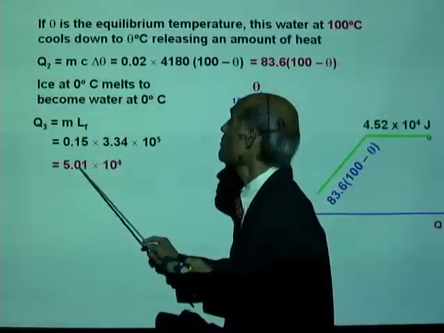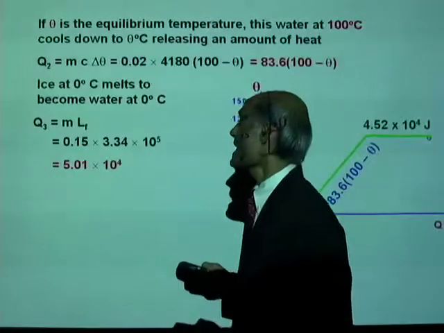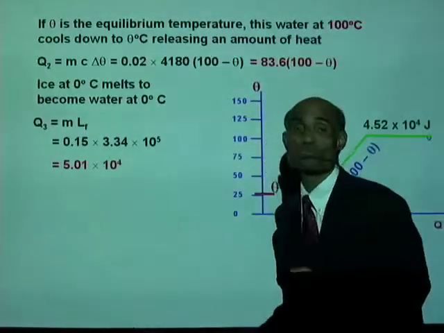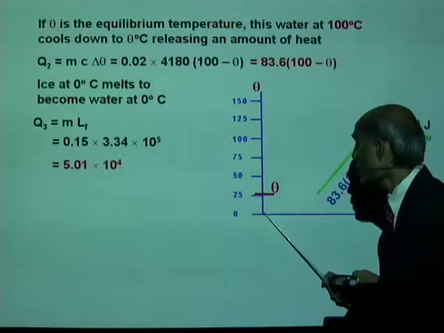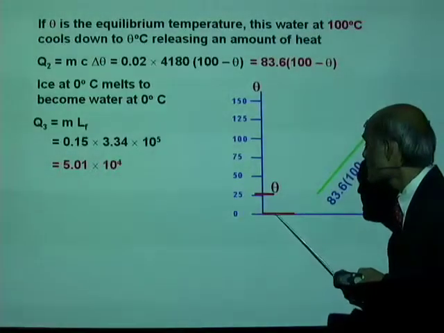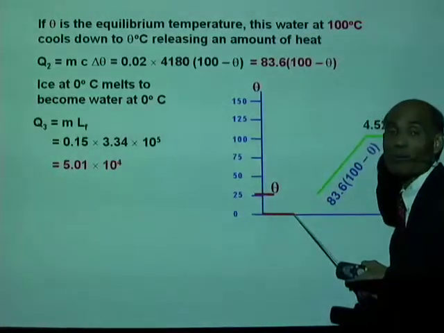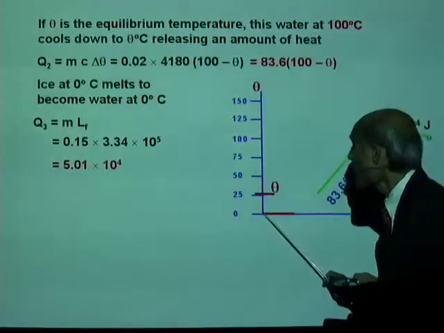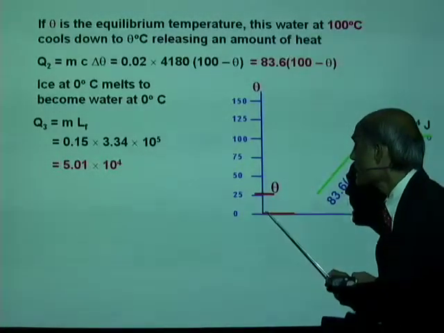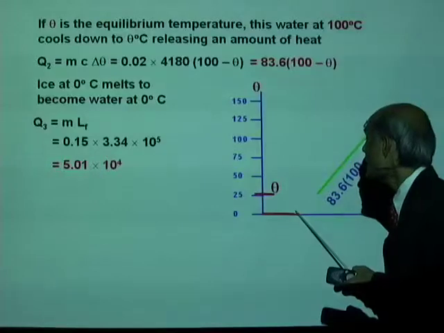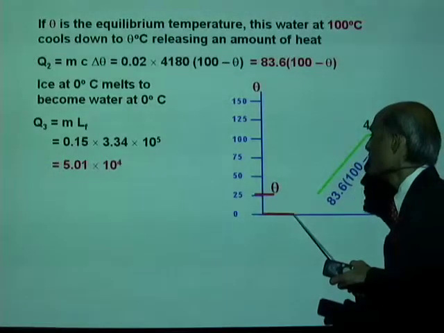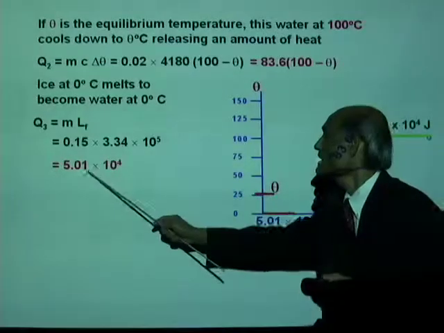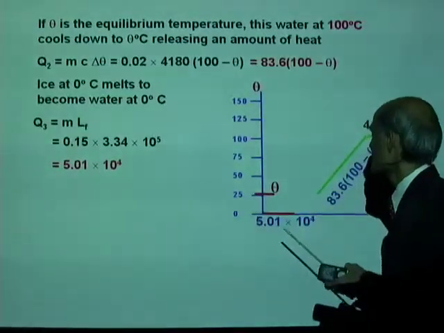That is 5.01 times 10 to the 4 joules. Now, that will be represented over here. All the ice at 0 degrees has now become water at 0 degrees. Ice has changed to water by absorbing this much amount of heat.